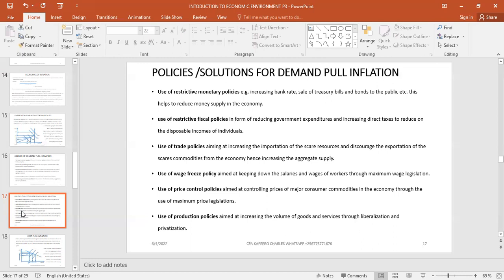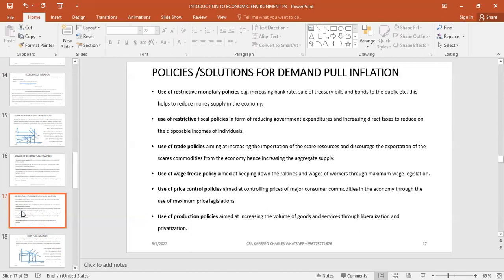The other one we can talk about is the use of wage freeze policy. This wage freeze policy is all about how you can control the wages in terms of setting minimum and maximum wages. But at this point, because we are sure that people have money because of the increased salaries, you set a maximum wage whereby no employee is supposed to be paid above this amount.